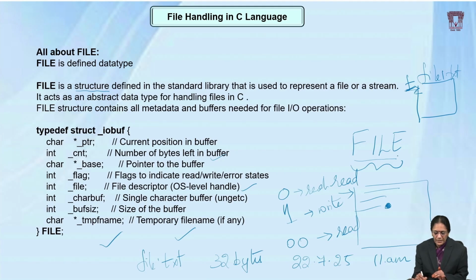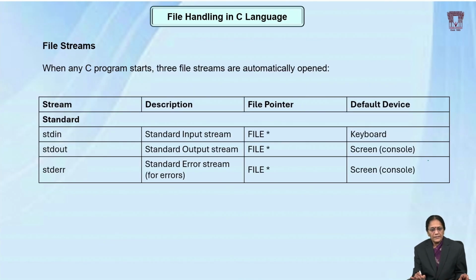And using capital FILE, we define the file pointer as *F. So this capital FILE is a defined data type which helps us to create file pointers to work on the files, to carry out operations on the files like read, write, open, close, append, and update. So these are the various file streams in which you will be working.